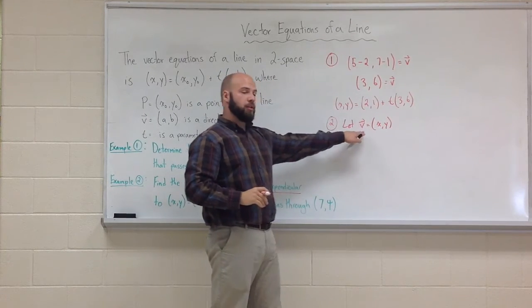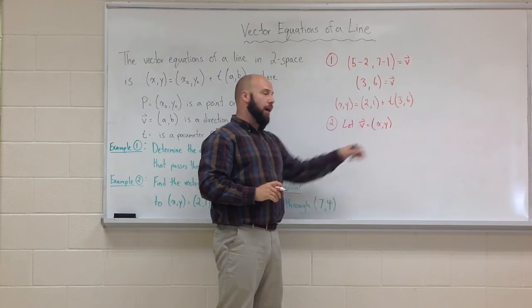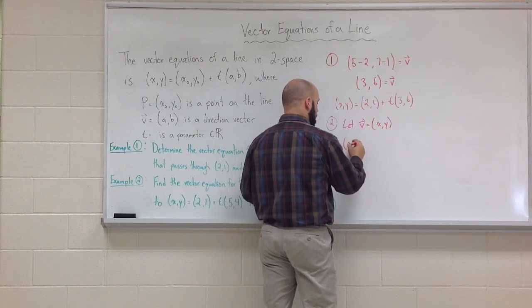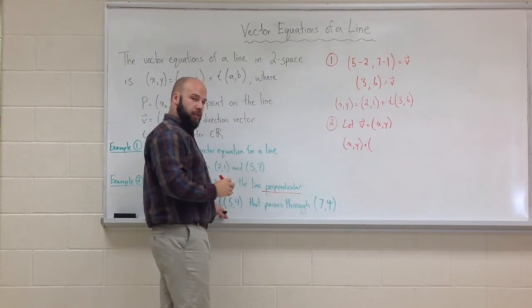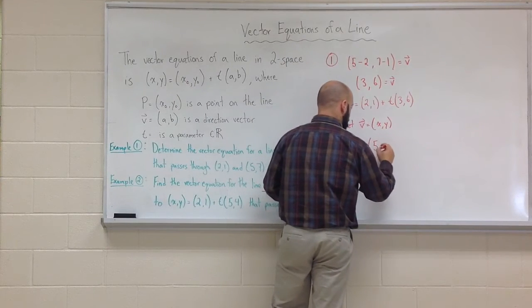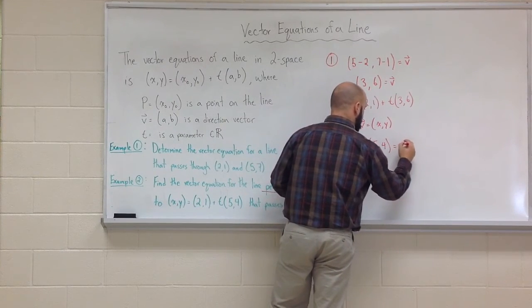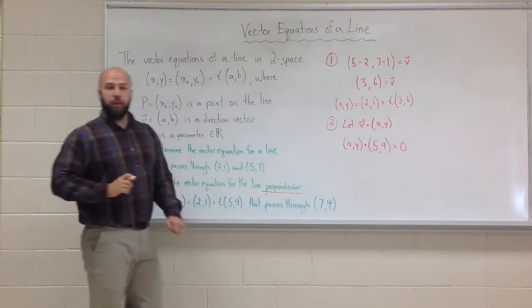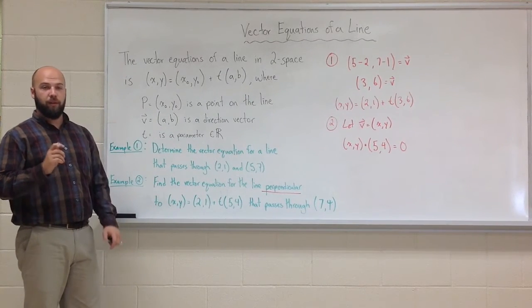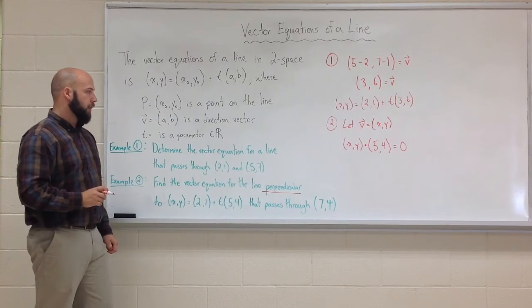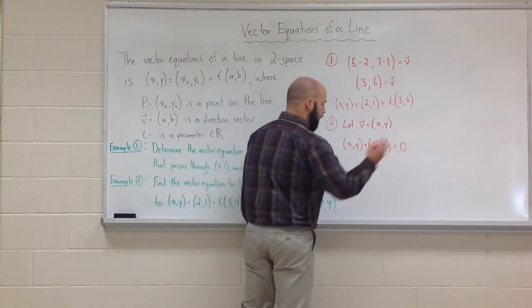I'm going to let our direction vector equal (x, y). Therefore, our new direction dot our old direction vector should equal 0. Because for the dot product, when 2 vectors equal 0, they are perpendicular. Let's do the dot product.